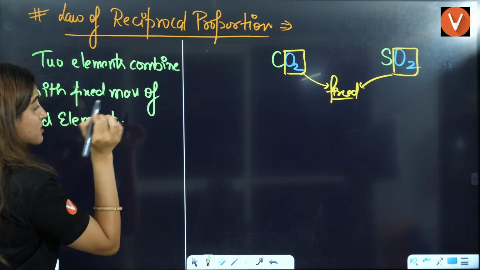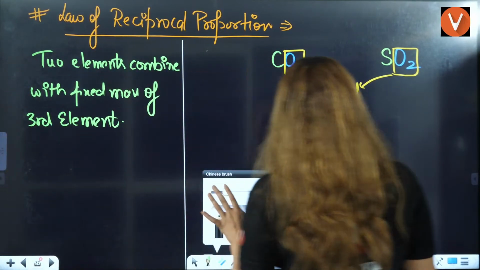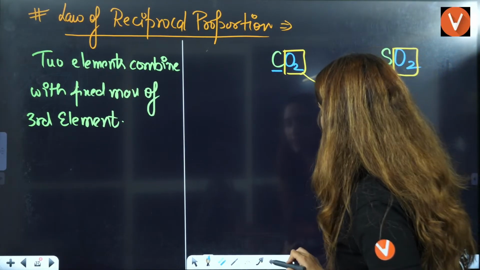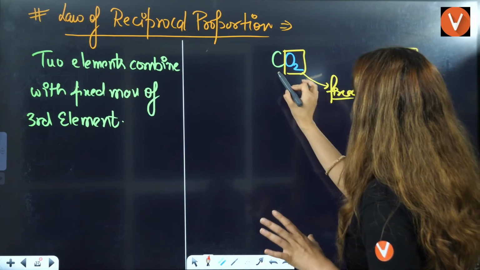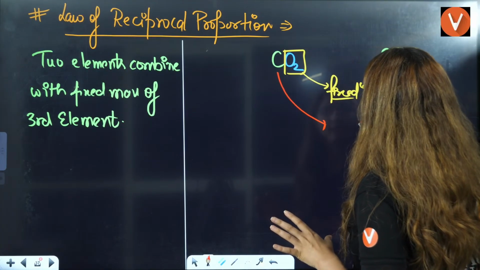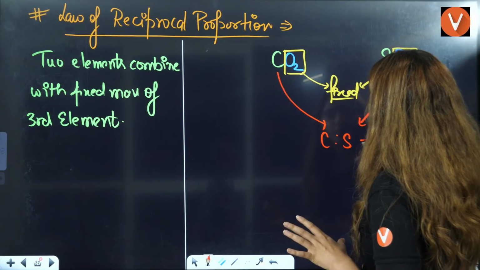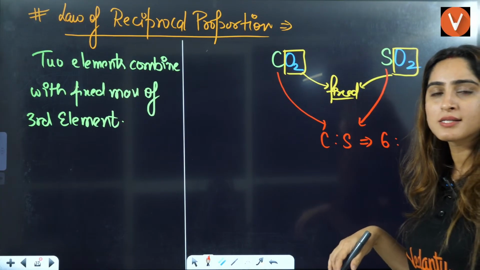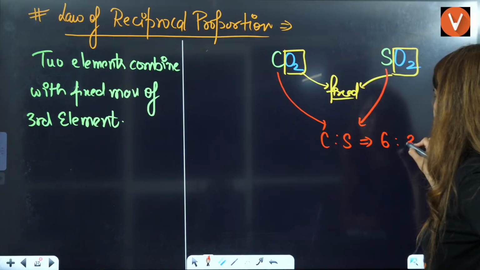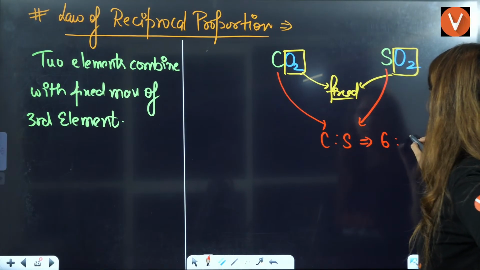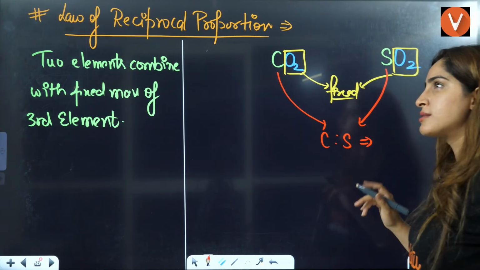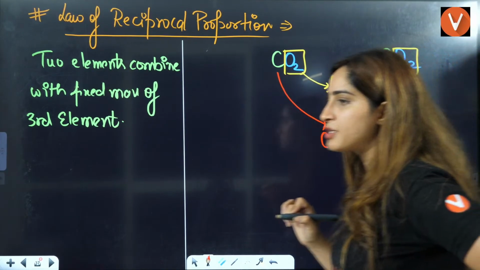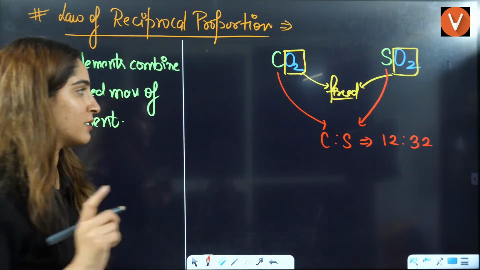And here we are saying that in this fixed mass, if you see the ratio of carbon and sulfur, carbon is 12, sulfur is 32. Sulfur mass is 32. The mass of carbon is not 6, the atomic number is 6, it will be 12 ratio 32. That is going to be the answer for this one, right?